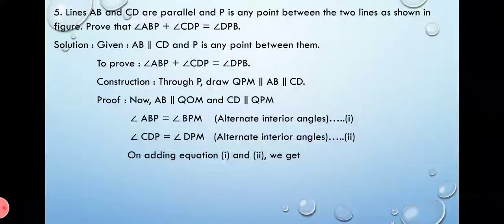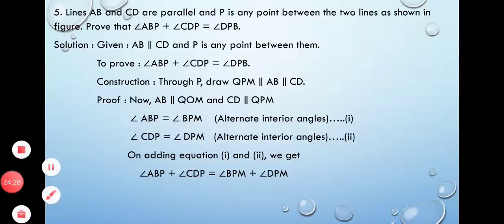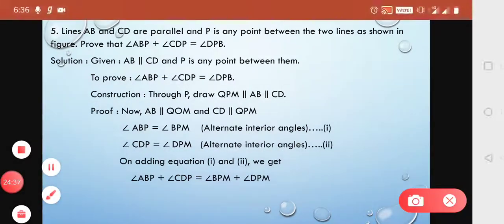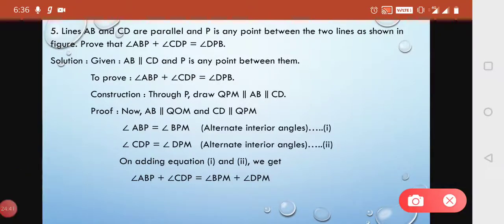Adding equation 1 and 2, we get angle ABP plus angle CDP equal to angle BPM plus angle DPM. That is, we add left hand side with left hand side, ABP plus CDP, and right hand side with right hand side.